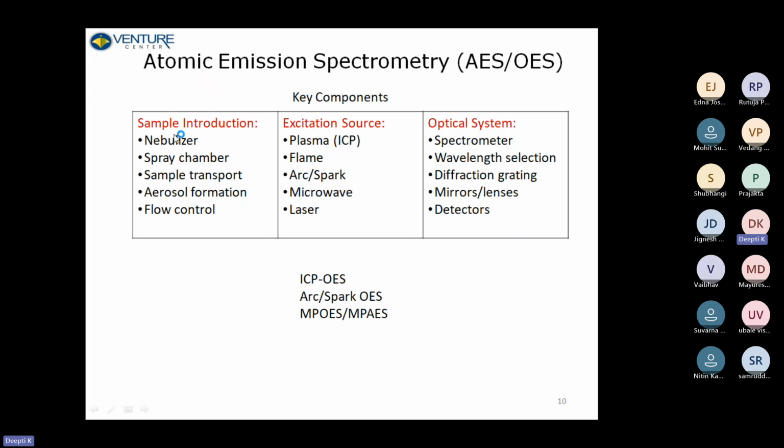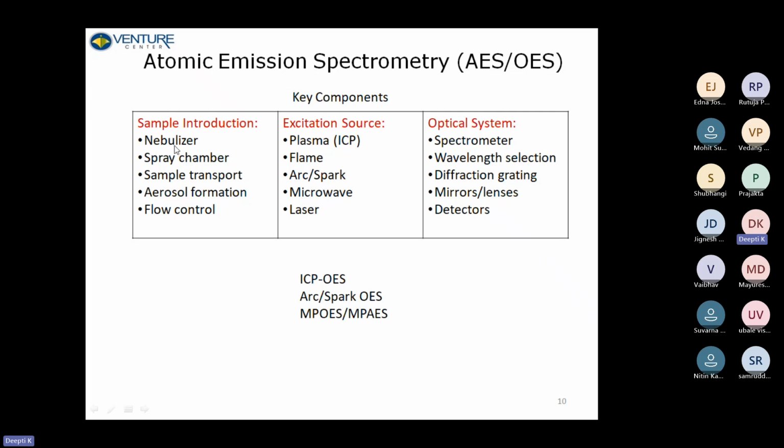The sample introduction system is made up of a nebulizer, a spray chamber, a sample transport assembly, an aerosol, and a flow controller. The nebulizer will help to transport the sample solution to the spray chamber.